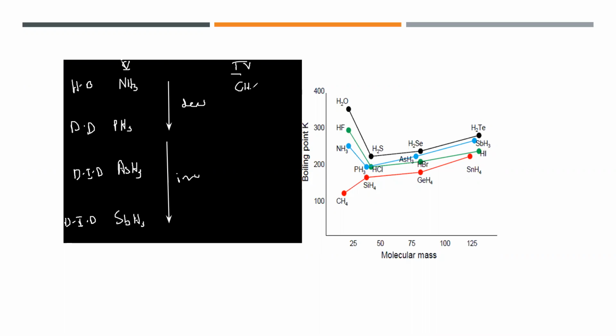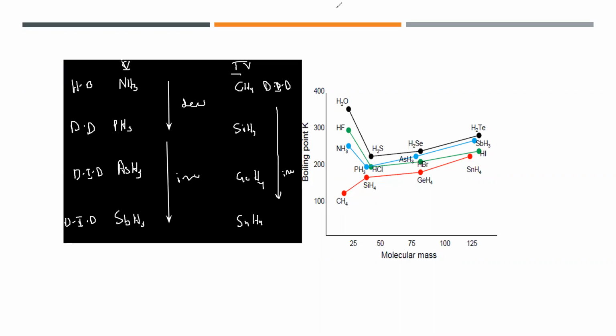Group 4 don't have hydrogen bond, because hydrogen bond is only possible when hydrogen forms a bond with more electronegative elements such as oxygen, fluorine, or nitrogen. So they have dipole-dipole or dipole induced dipole forces, basically mainly, and the dipole induced dipole force increases as the number of electrons increases.